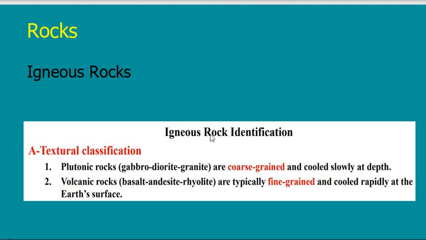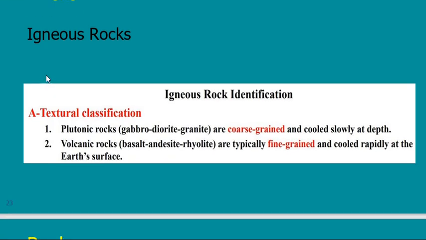So this is important for me to define igneous rock. So in igneous rock, this is textural classification. For igneous rock, you have a few things that you need to classify.